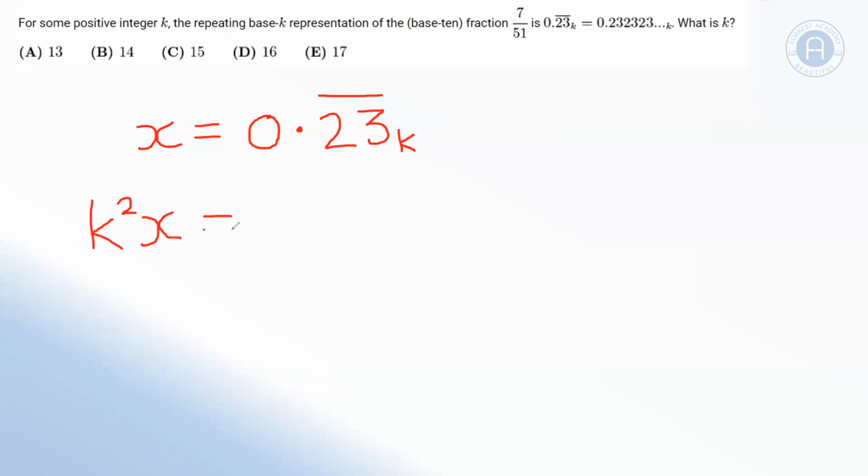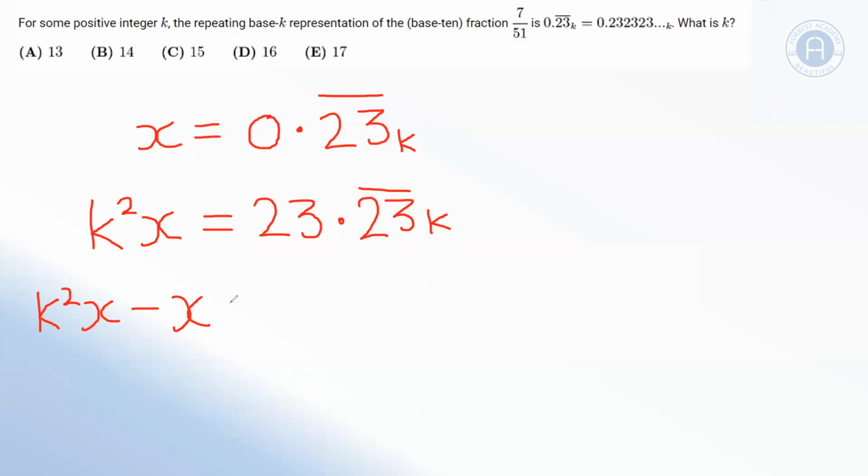That gives me k squared x is equal to 23.23 repeating in base k. Now we can subtract those from each other again to give me k squared x minus x is equal to 23 in base k.